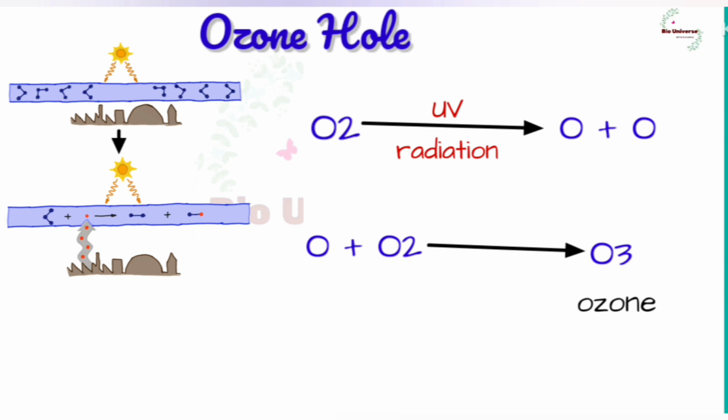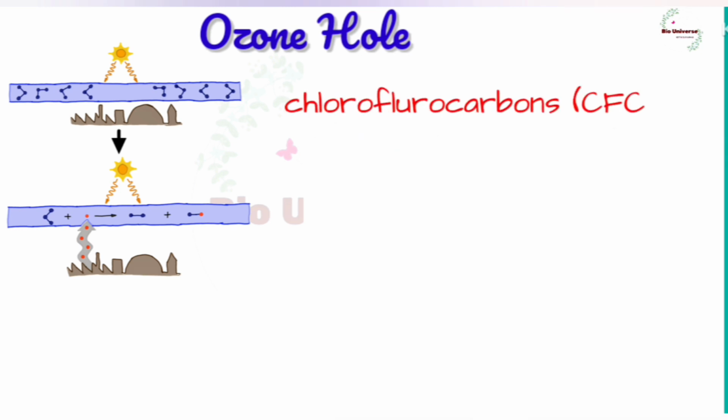Unfortunately, the amount of ozone in the ozone layer is being depleted due to the release of certain chemicals into the atmosphere. Among these chemicals are chlorofluorocarbons, which are made of carbon, fluorine, and chlorine.